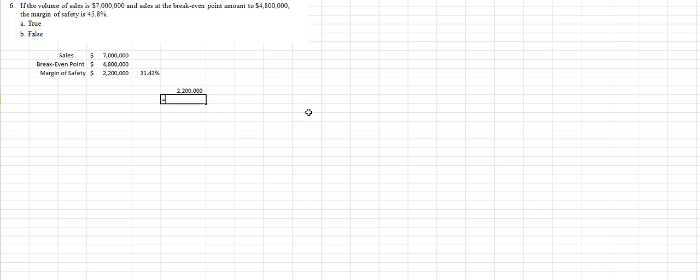So now sales minus margin of safety in dollars will give you your break-even point. Okay? So you have to learn how to not just do it exactly how I'm asking the question, but if I switch the question up a little bit, you have to know how to adjust properly and still get the right answer.